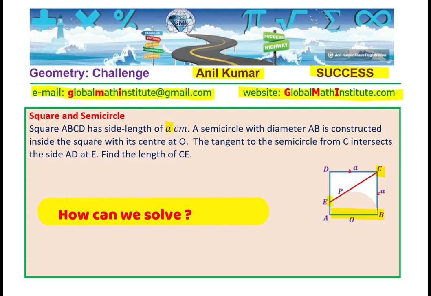A semicircle shown in light pink color is constructed with the center at O. The tangent to the semicircle from C intersects AD at E. The tangent touches the semicircle at this point, which has been marked as P. We need to find the length CE, right? That is what we want.